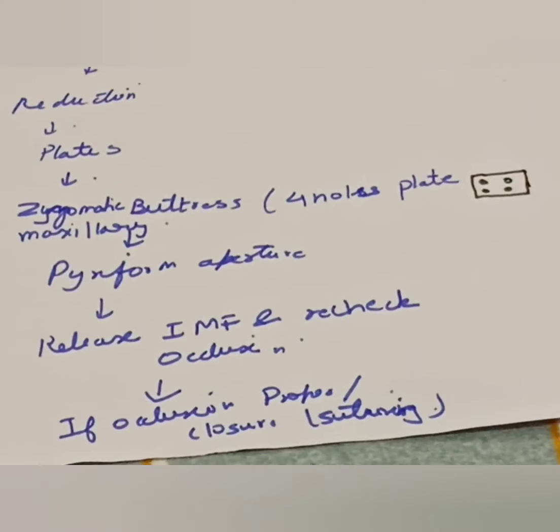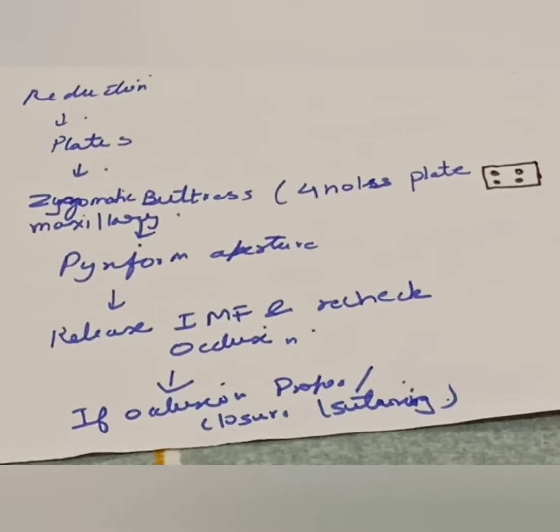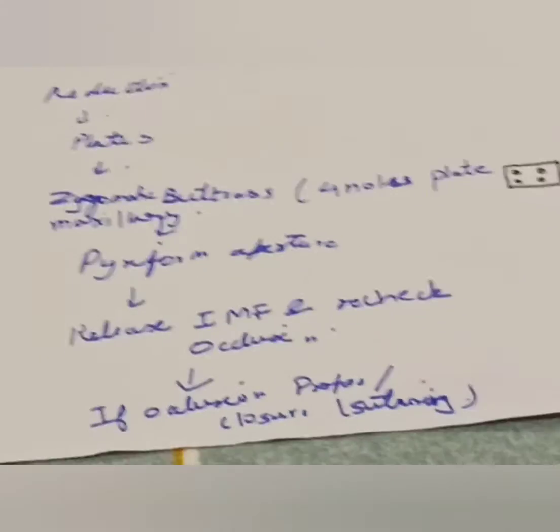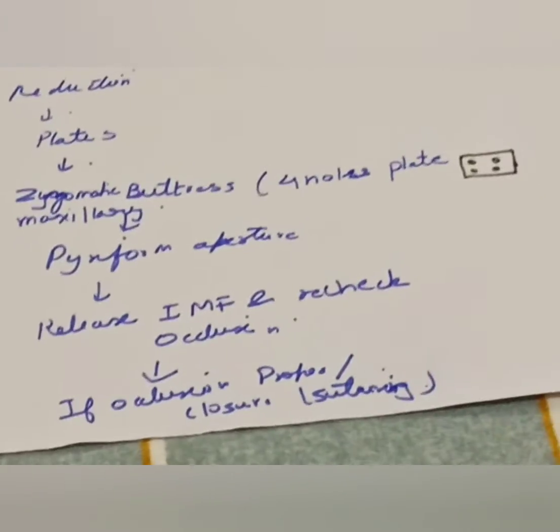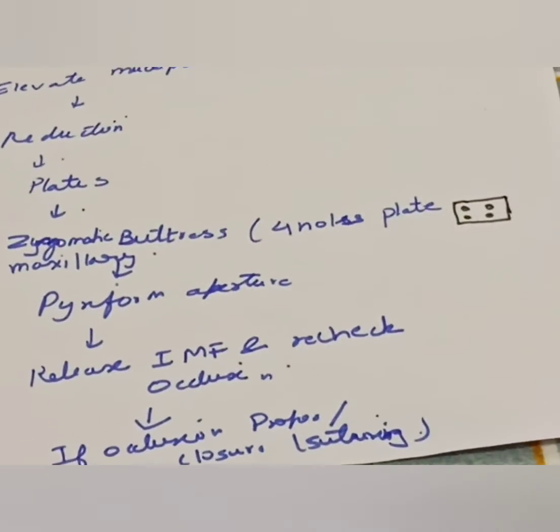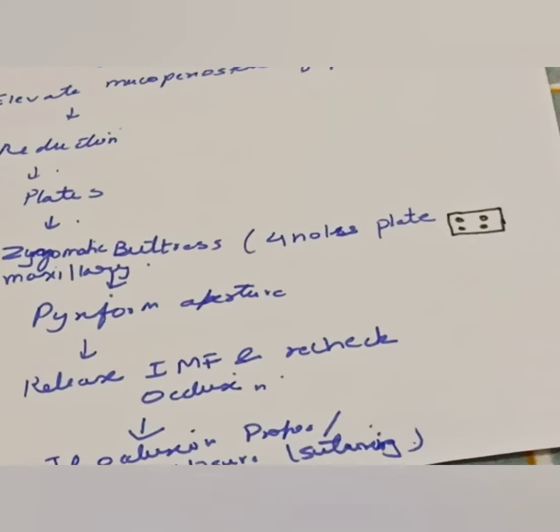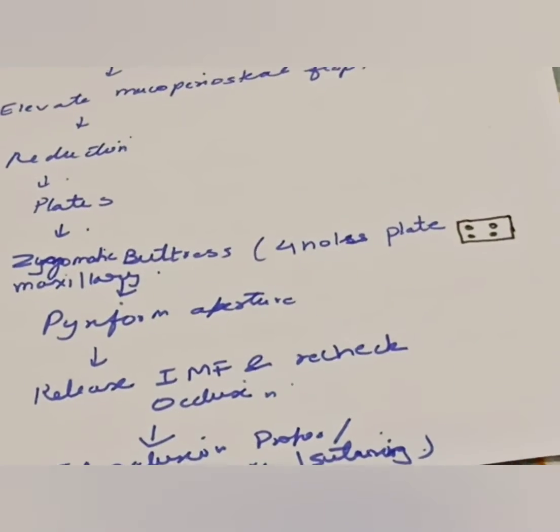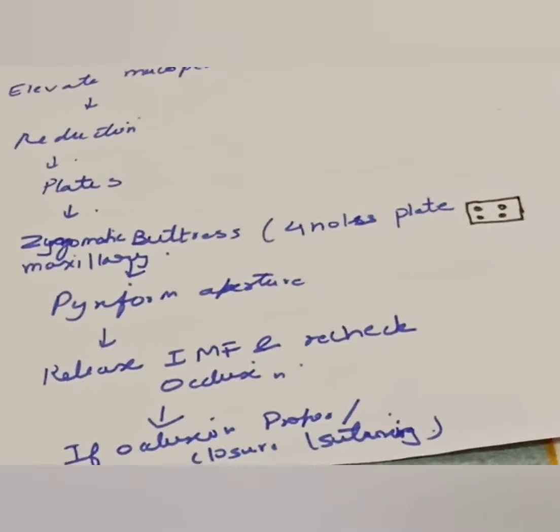Then after that, you have the IMF, that is intermaxillary fixation, which you give to the patients for the proper occlusion to settle down. You are going to remove that intermaxillary fixation after about 3 to 4 weeks.